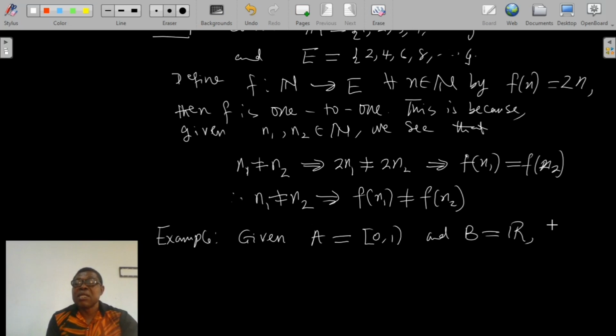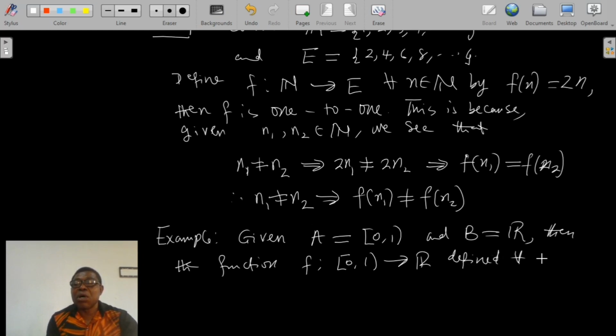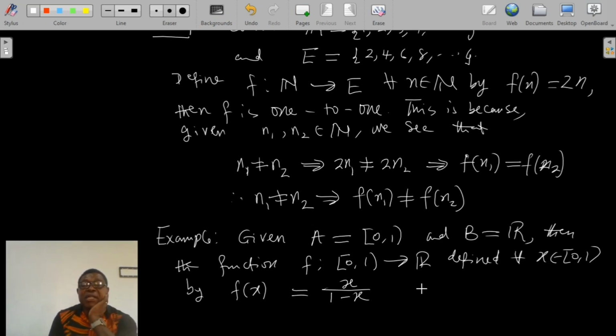Given these two sets, then the function f from (0, 1) to R, defined for all x in (0, 1) by f of x equals x over 1 minus x, is a one-to-one function.